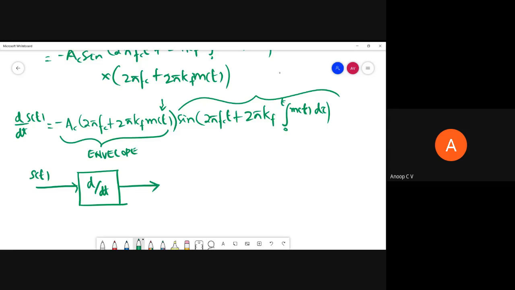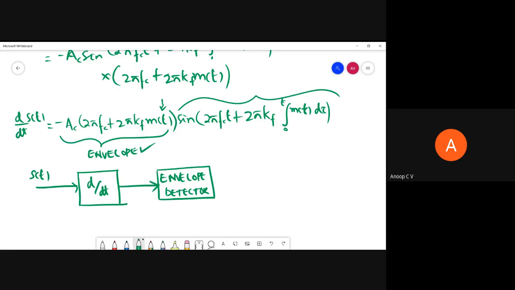Now we have to pass it through an envelope detector. So this signal is passed through an envelope detector. If it is passed through an envelope detector, what will we get?